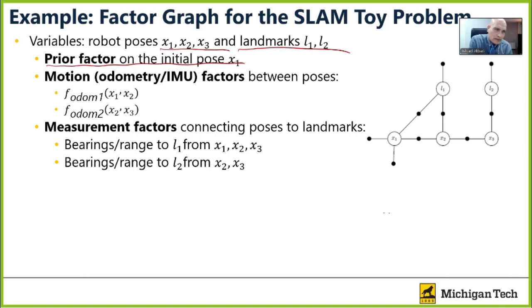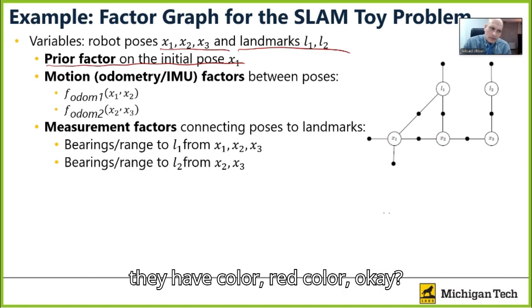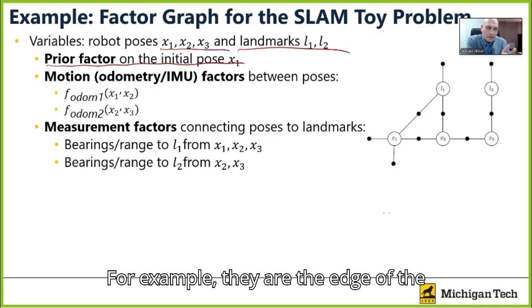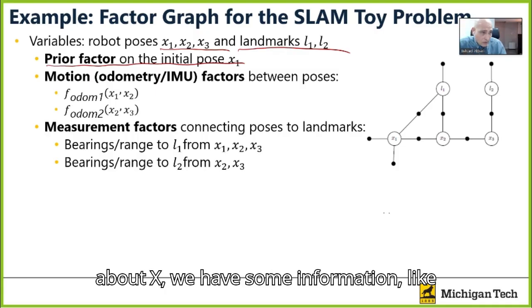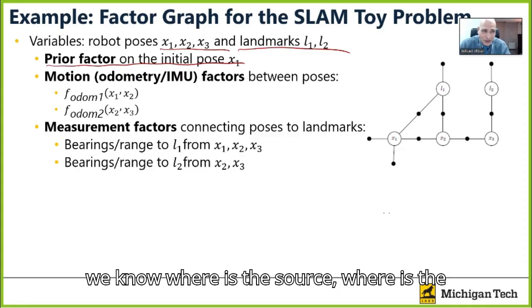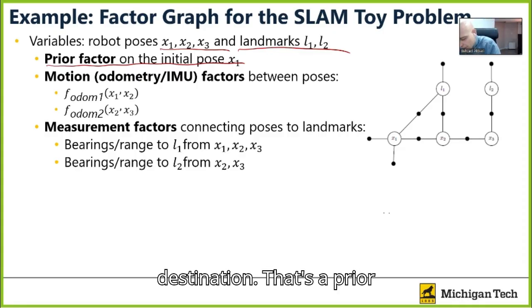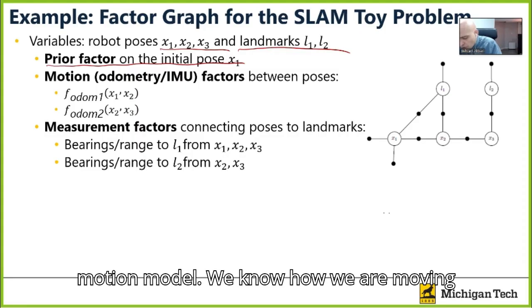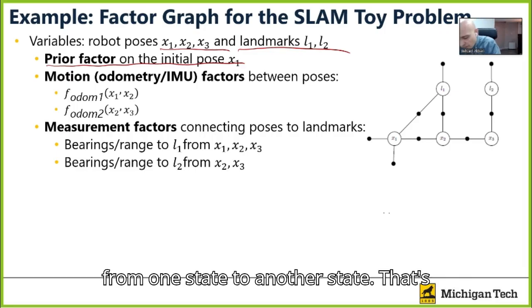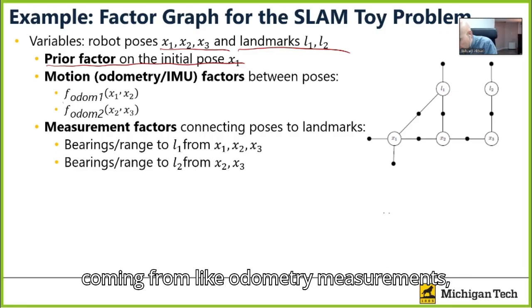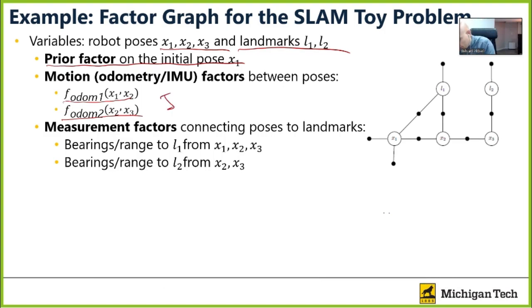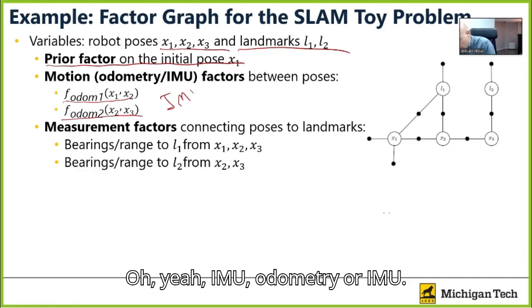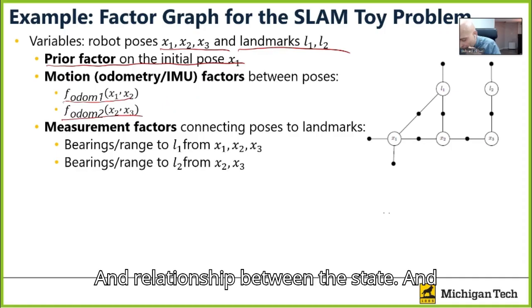For example, we know they have a red color, or they are the edge of a building. Also about X, we have some information, like we know where the source is and where the destination is. That's prior information. About the motion model, we know how we are moving from one state to another. That's coming from odometry measurements, like from sensors, an IMU for example, and gives the relationship between the states.